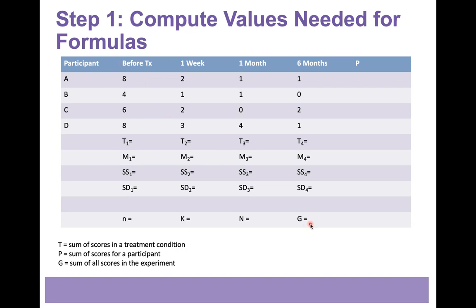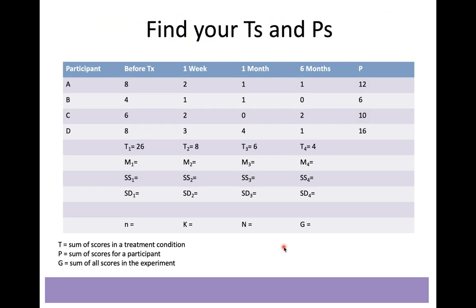So you can also get G by summing your T's, right? Because if G is the sum of all data points and T is the sum within each treatment condition, then I can just sum my T's to give me G. So what we do is we walk through and we do each of these calculations. So first, let's start with our T's and our P's.